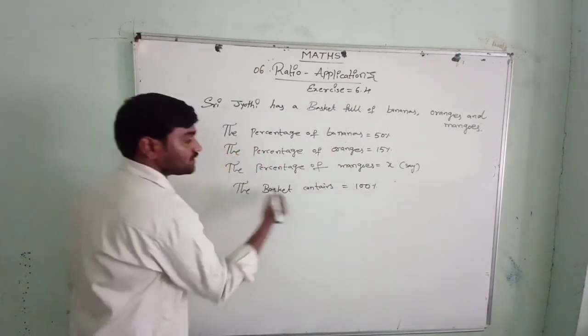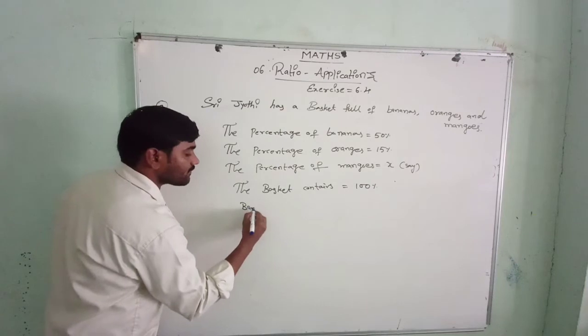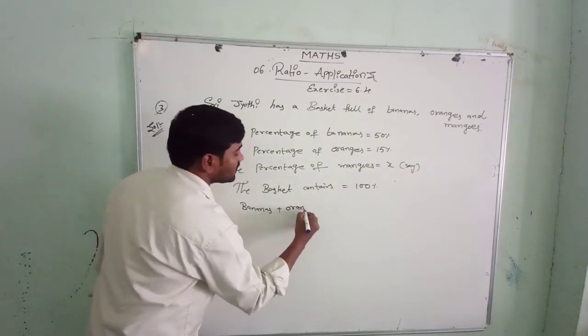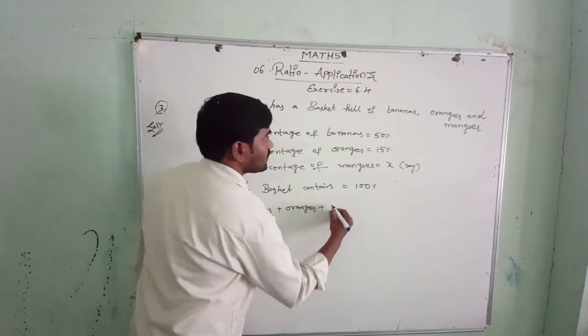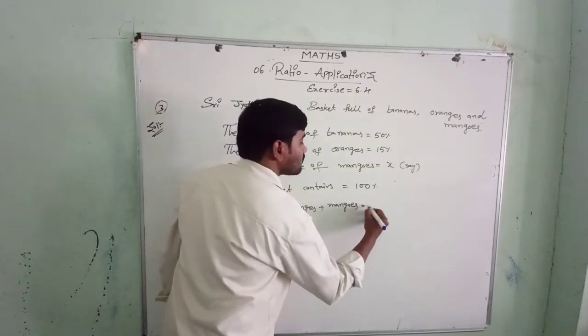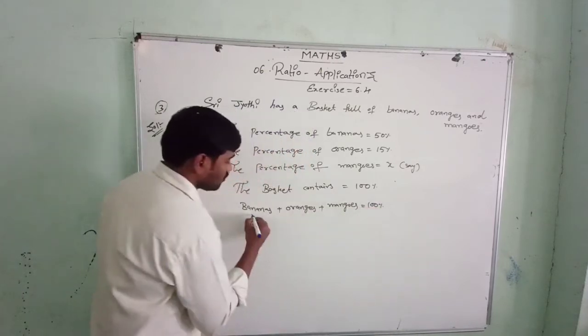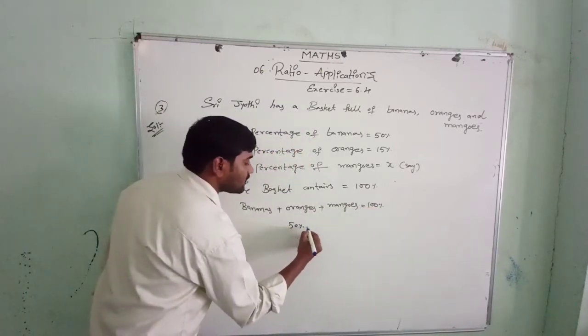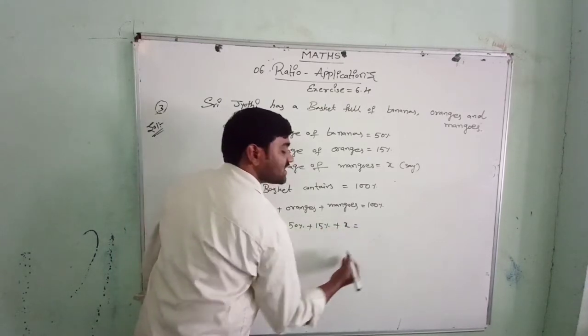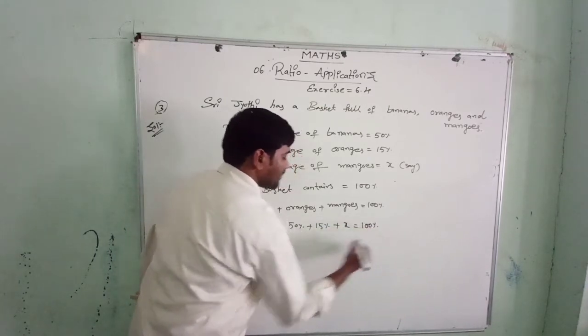In this 100%, what are there? Bananas plus oranges plus mangoes. So that is equal to 100%. So bananas are 50%, plus oranges are 15%, plus mangoes we don't know, that is x, equal to 100%.